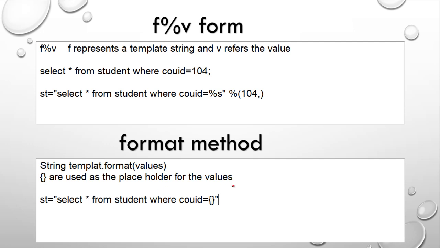Okay, so after writing it, I have simply put dot format, and within the format, what I will do, I will write the value 104. All right, so as I have written this value 104, then we simply put a comma, because we have to specify the data in the form of tuples.